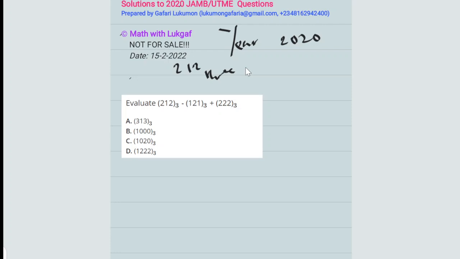The principle in number-base system is that when you are working in a particular base, all the numbers you work with in that base must be composed of numbers between 0 and that base minus 1. So for example, if you are working in base 2, then you can only have numbers between 0 and 2 minus 1. And 2 minus 1 is 1, so you can only have 0 and 1.